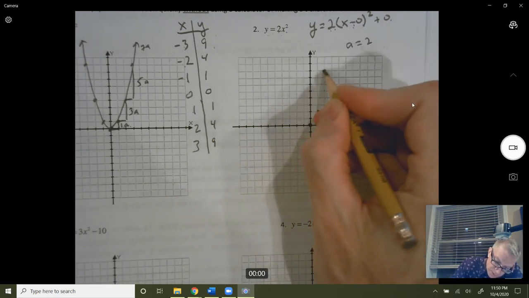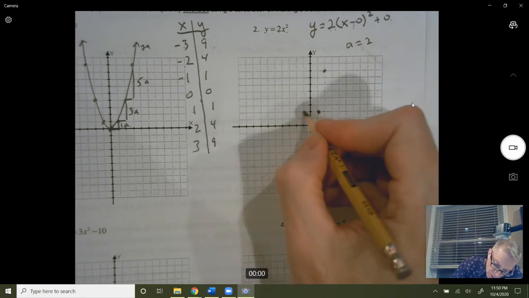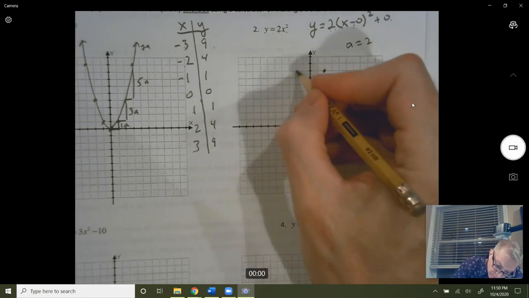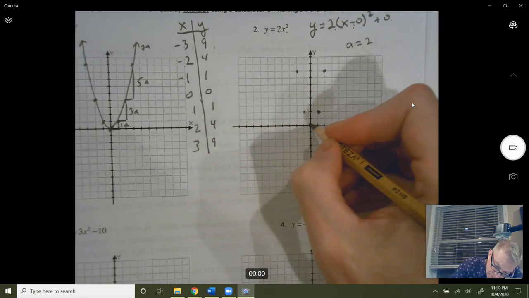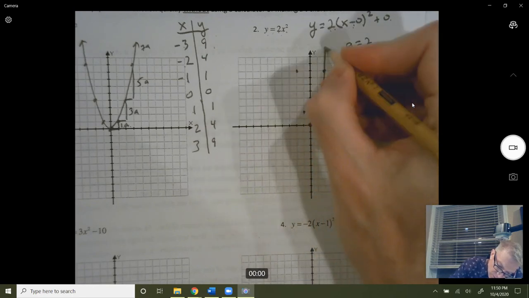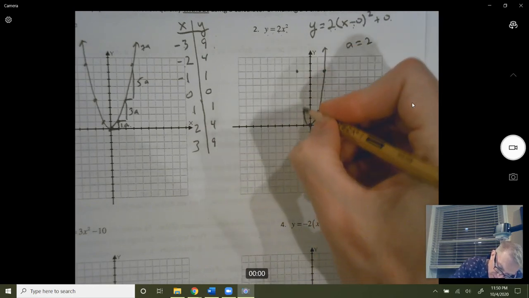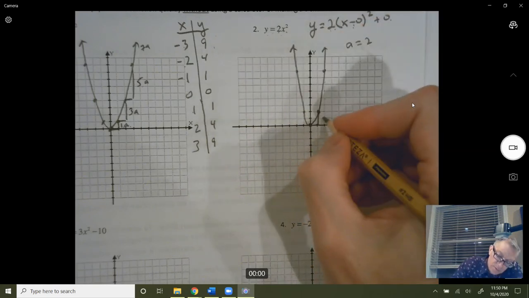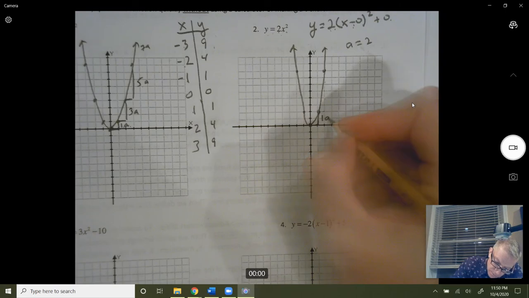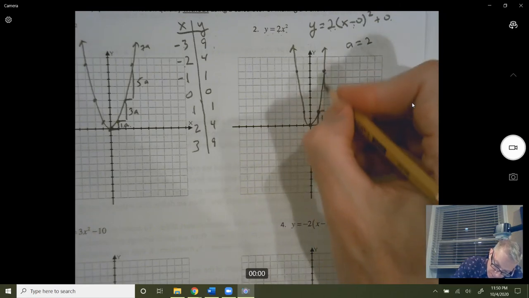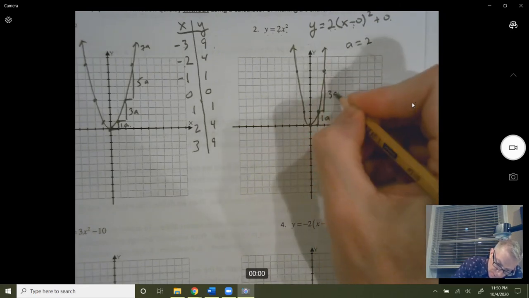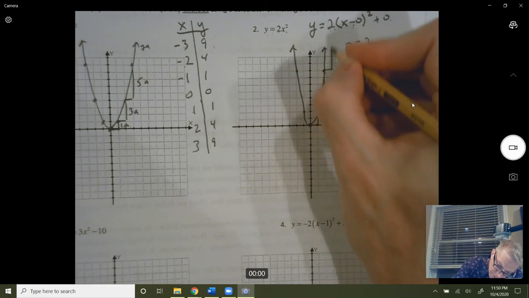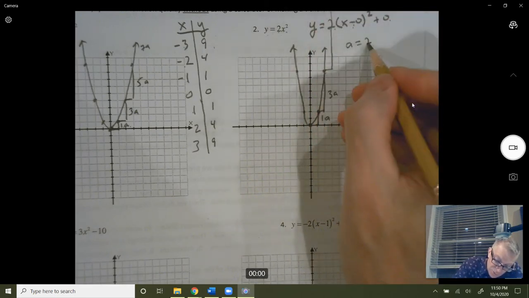And we're going to quickly be off the page, but this just rises a lot quicker. This pattern always works as long as you know vertex and you know your a value. So that was over 1 up 1a, over 1 up 3a. The next one over 1 up would be 5a. So 5 times 2 would be up 10.